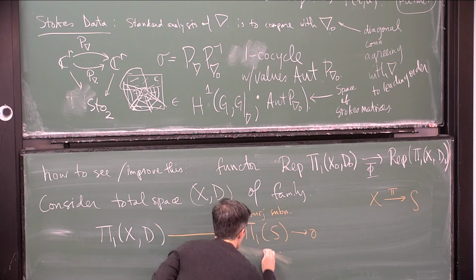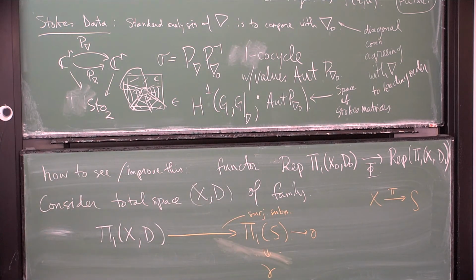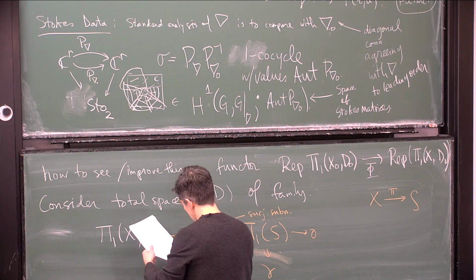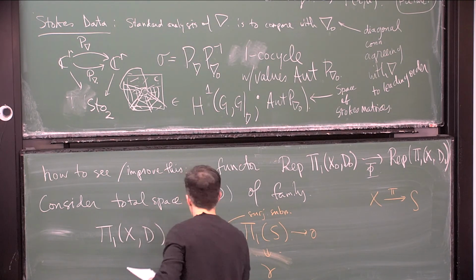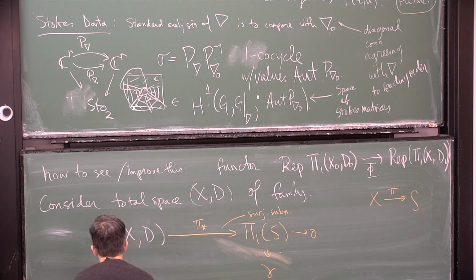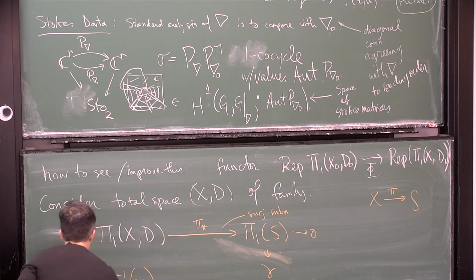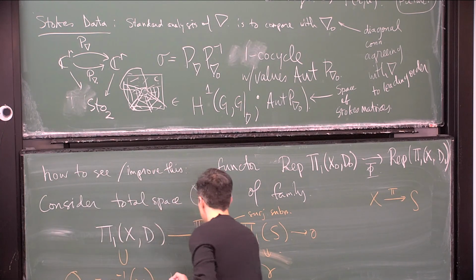And here we have our given path, which we are interested in dragging the connection along. What do I call this map? Pi lower star. So we can look at pi lower star inverse of gamma, and this I'll call Q_gamma, and it's a submanifold in there.